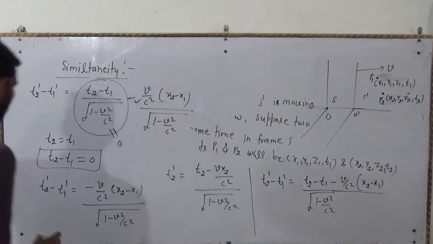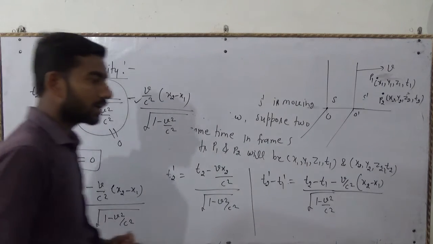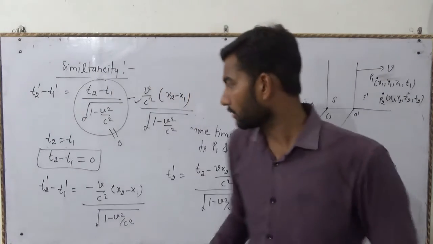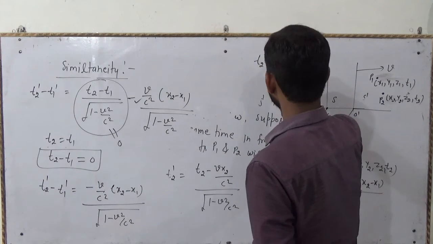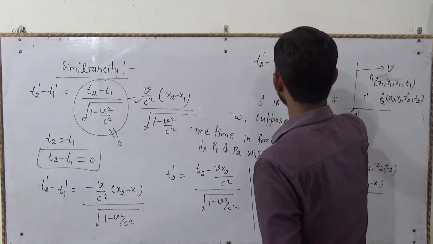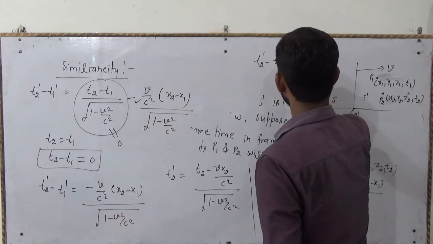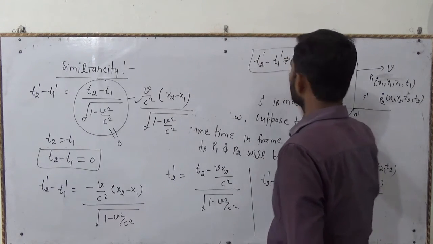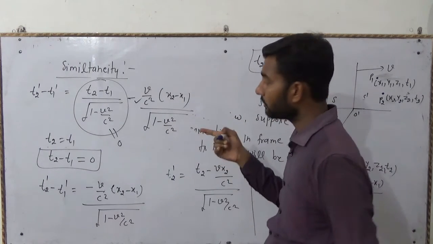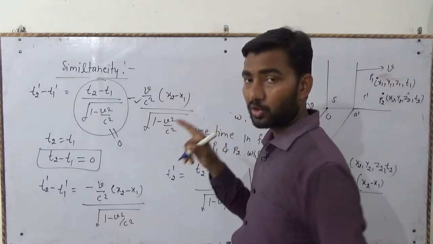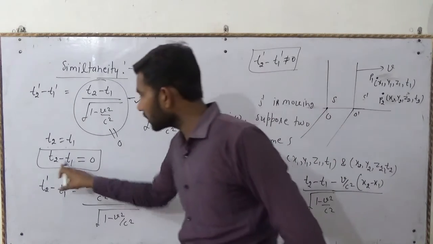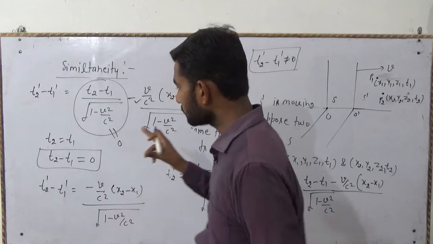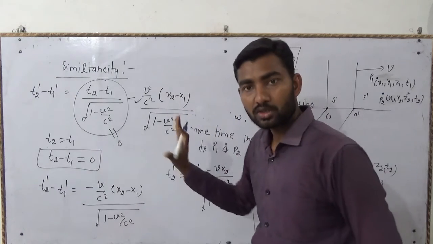So here we can see from this result, friends, that T2 dash minus T1 dash is not equal to 0. In frame of reference S, corresponding to its origin O, we have seen T2 minus T1 is equal to 0, that means T2 is equal to T1.